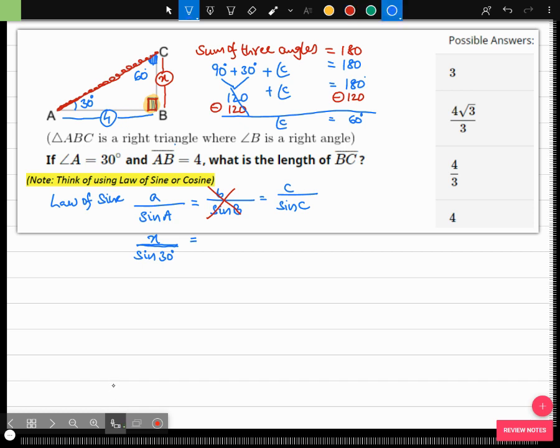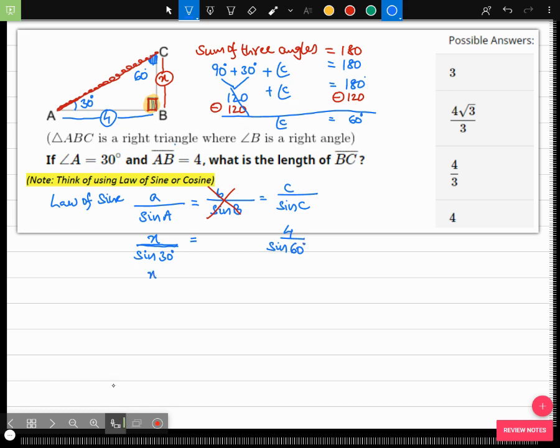Next, C. Please remember, the numerator indicates the side, which is 4 over sine C. The angle is 60 degrees. Therefore, sine 60. You may make use of a calculator.